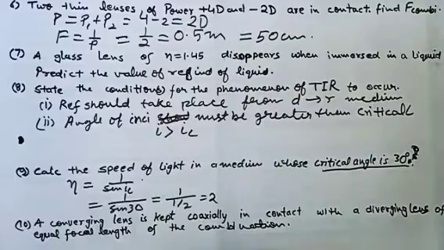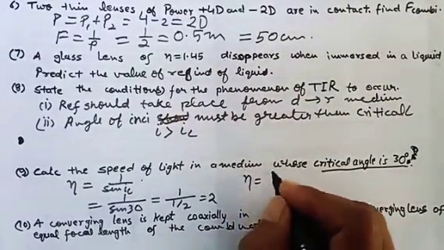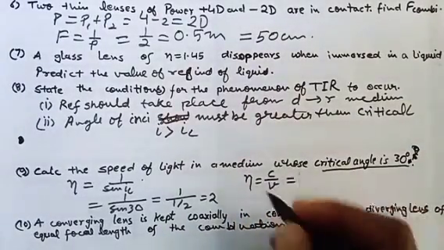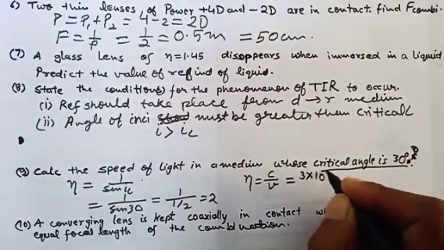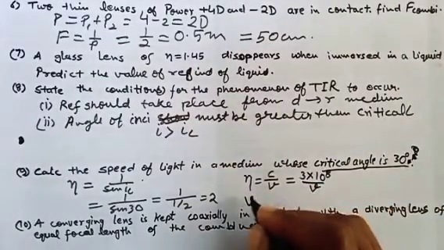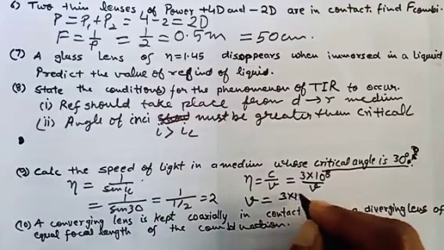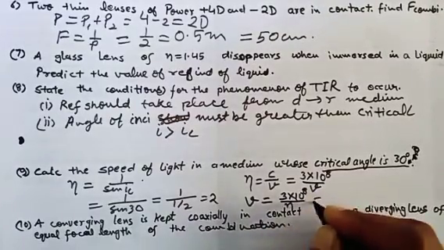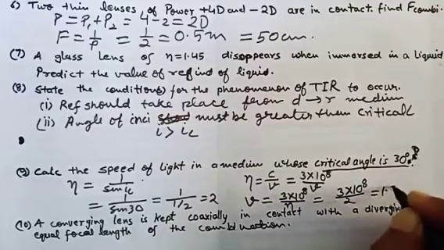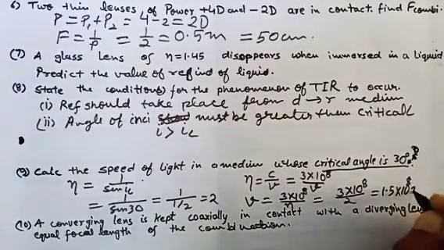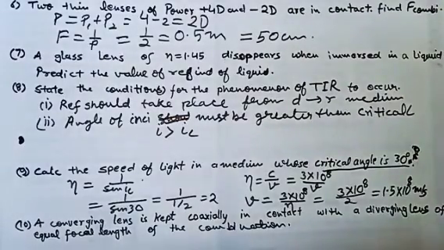And now we know that eta is equal to C by V, and the value of C is actually given in the exam, so no need to worry about that. So V is equal to 3 into 10 to the power 8 upon eta, that is 3 into 10 to the power 8 upon 2, that is 1.5 into 10 to the power 8 meter per second.